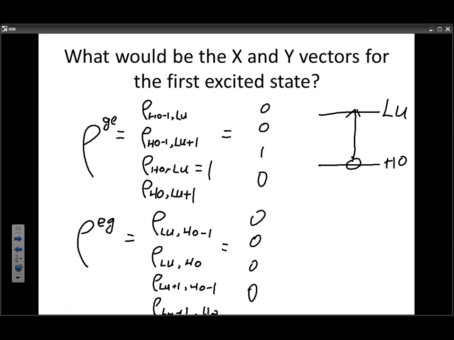If we consider the emission, the electron undergoes the transition from LUMO to HOMO and forms the ground state. This rho LUMO-HOMO is equal to 1 and other elements are 0.